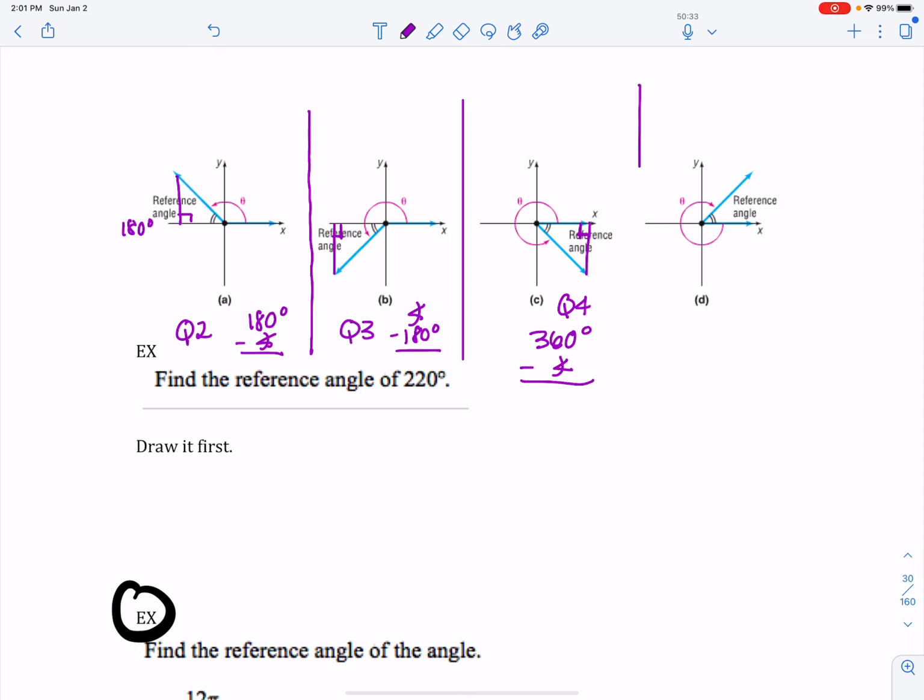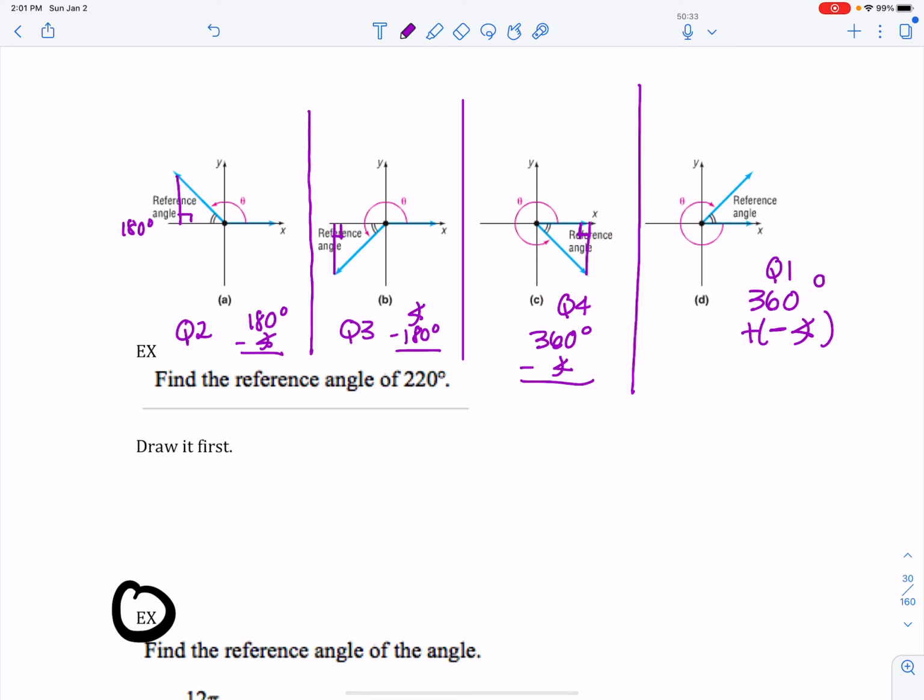And finally, if you have a negative angle, like in example D, then I look at it and I say, okay, whatever that angle is, and obviously we're in quad 1. So what I might want to do here is take 360 plus your negative angle, okay? So plus the negative angle.